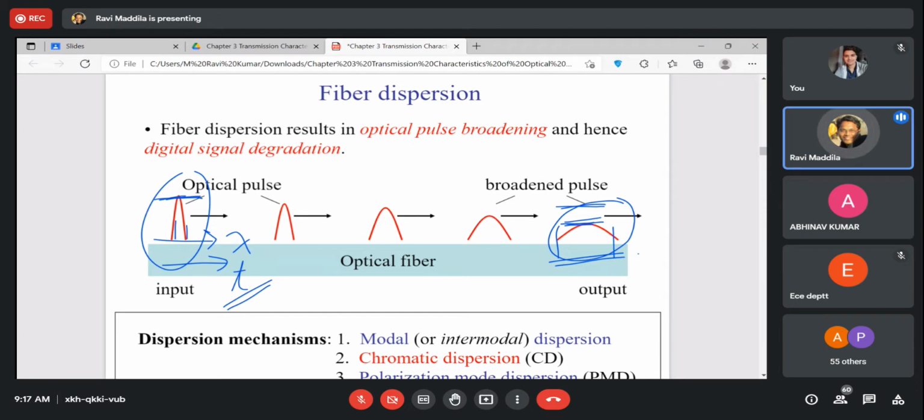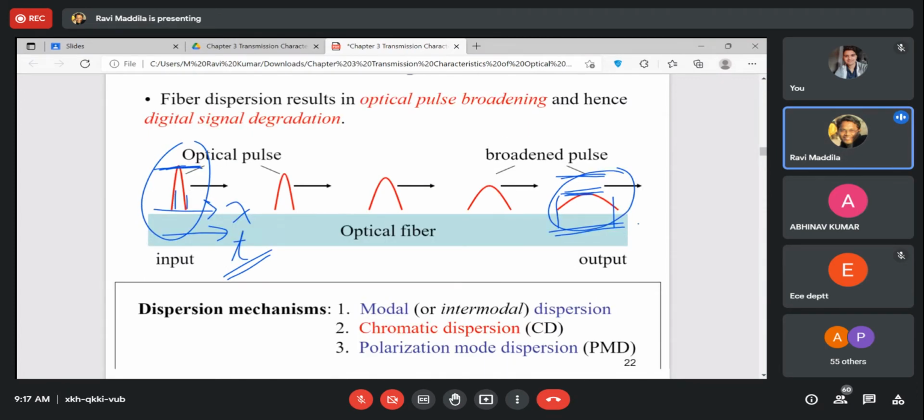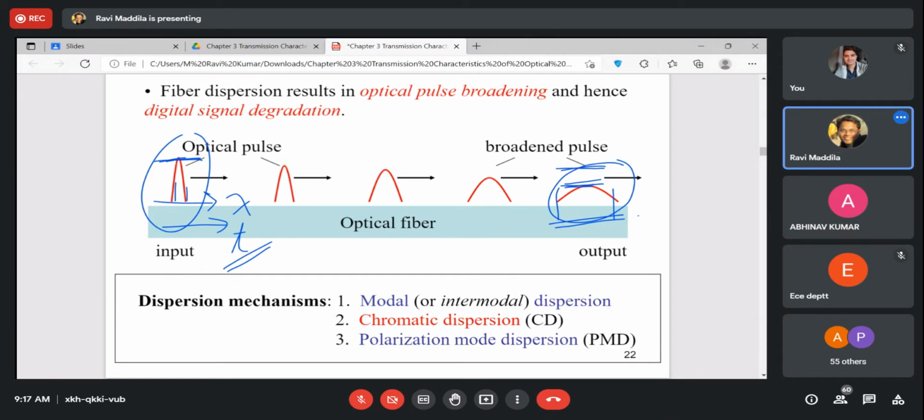So in binary decision, this is a very likely result. This is the effect of dispersion, meaning when dispersion occurs, this is how its effect is seen in an optical pulse.